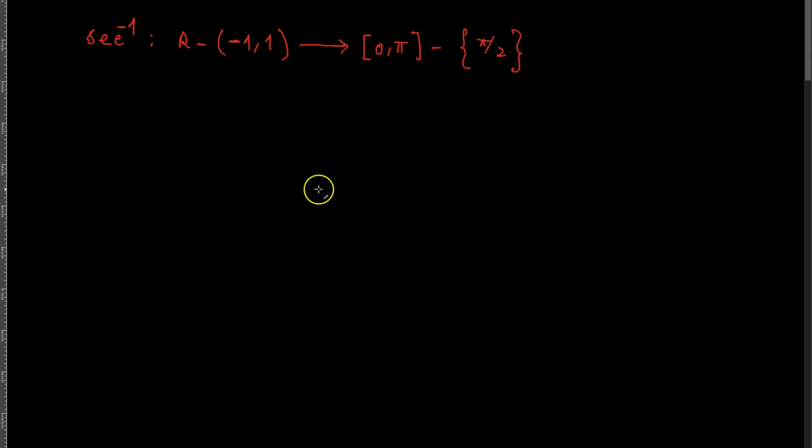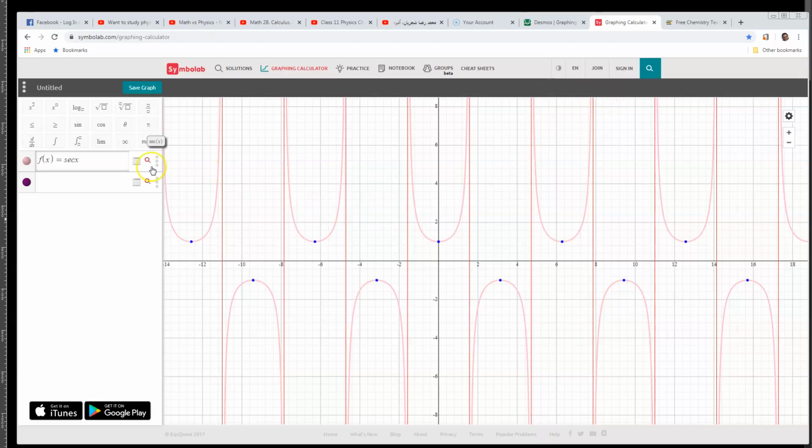And now let's do the graph of this function as well. If you do the graph of f of x is equal to secant x, you will get this graph here. You can see that you don't have any outputs between -1 and 1, and you have all of these vertical asymptotes at pi by 2, 3 pi by 2, 5 pi by 2, 7 pi by 2, and so on and so forth.